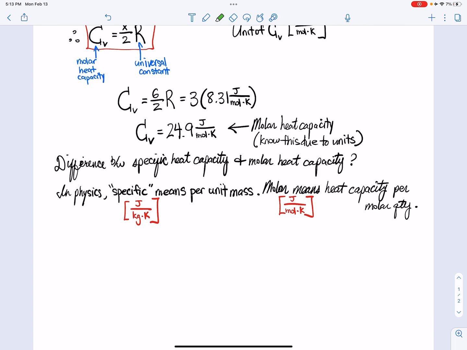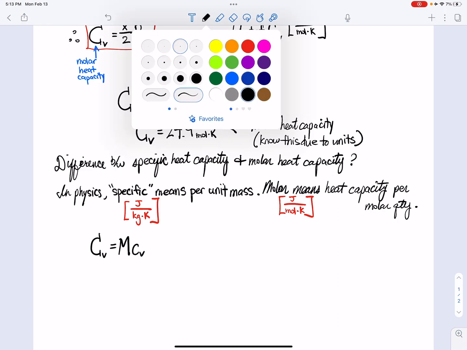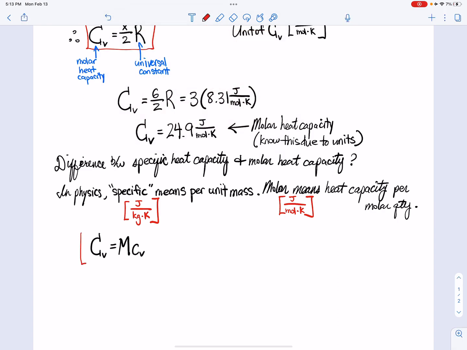Okay, so the relationship between molar heat capacity and specific heat capacity is given by this equation. So CV equals molar mass times little cv, okay? I'll also put a red box around it, because that's quite an important formula.